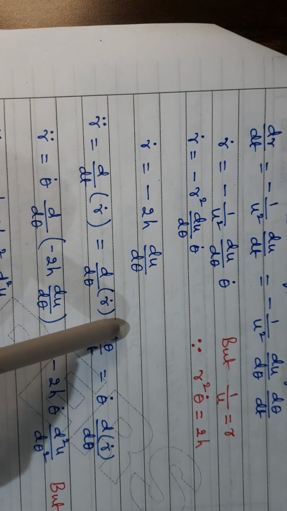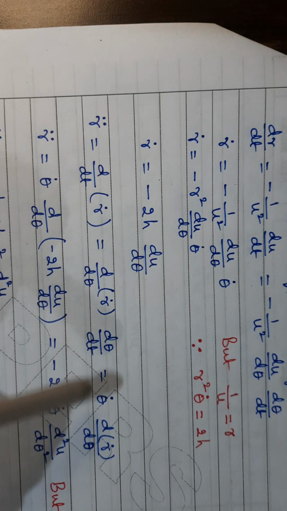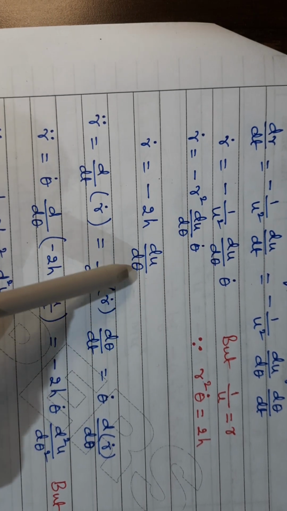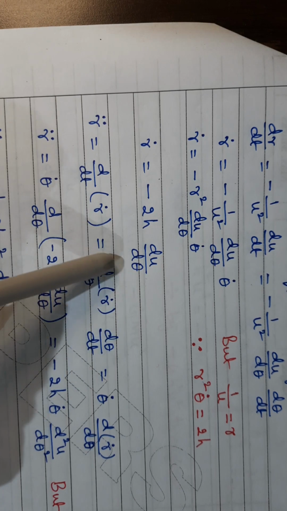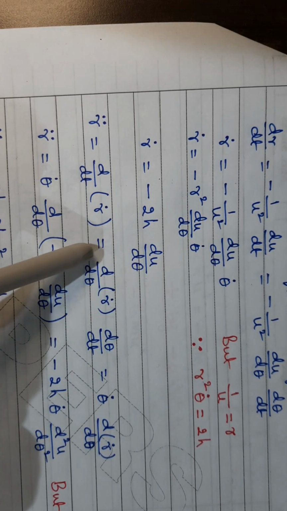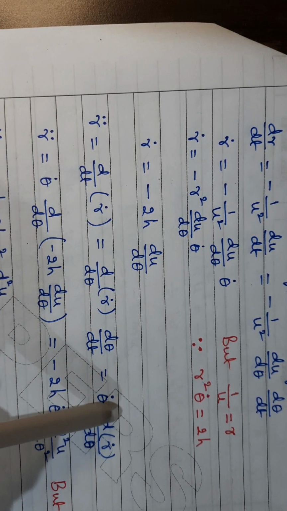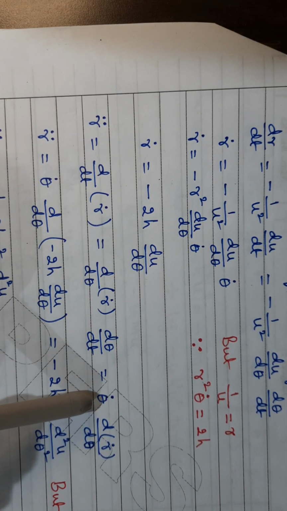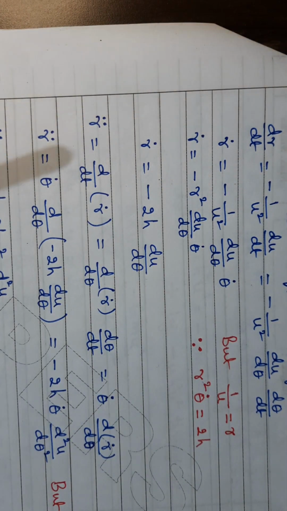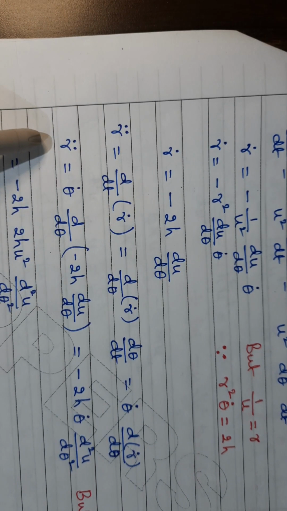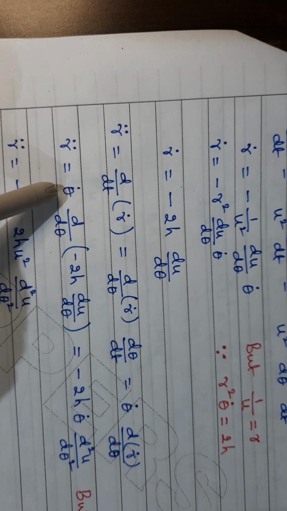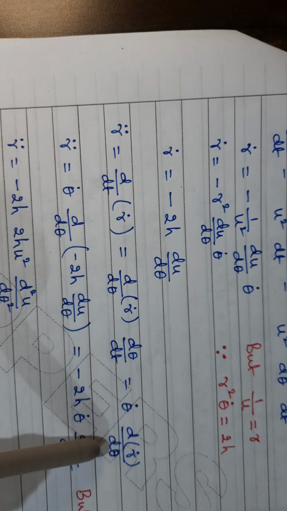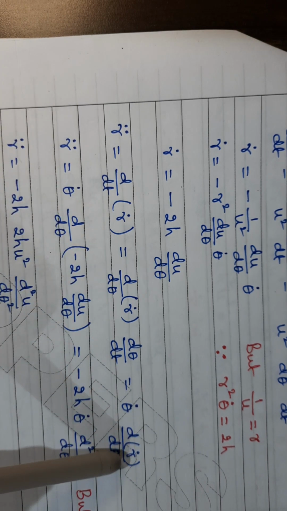This one as it is, it has been written dr dot divided by d theta. But this value is written as theta dot. Therefore, r double dot is equal to theta dot as it is, d by d theta of r dot.